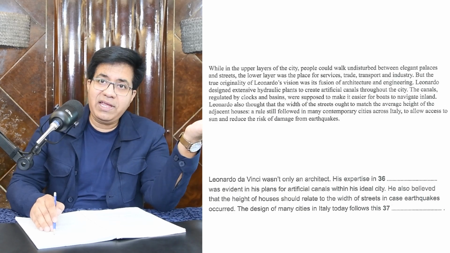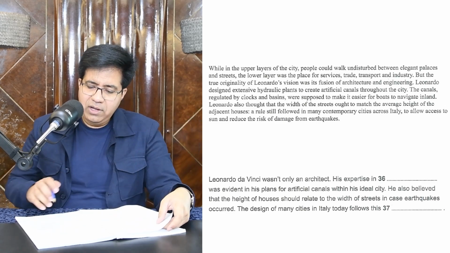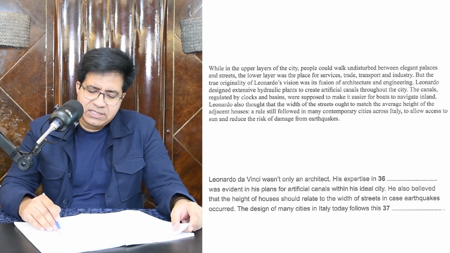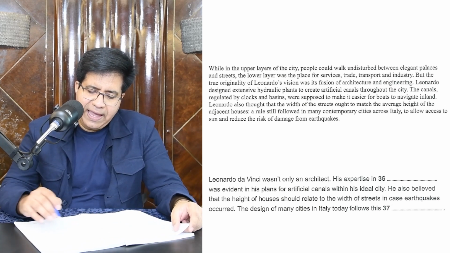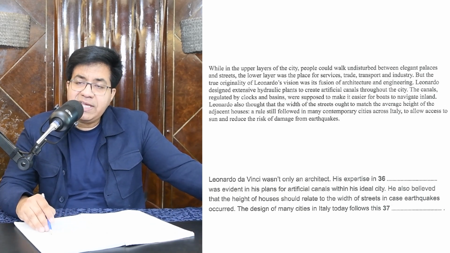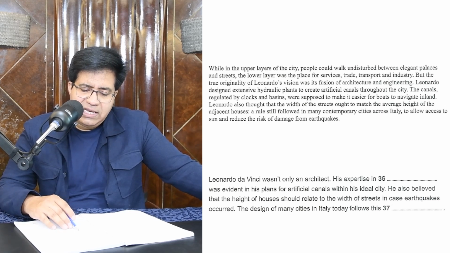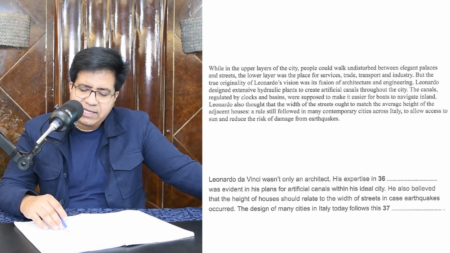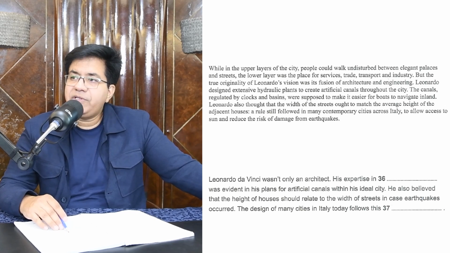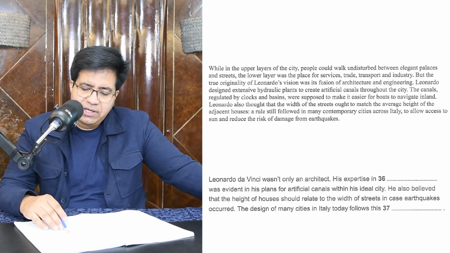So he was not only an architect but also engineering. His expertise in engineering was evident in his plans for artificial canals and all that. So the correct answer for 36 is engineering.